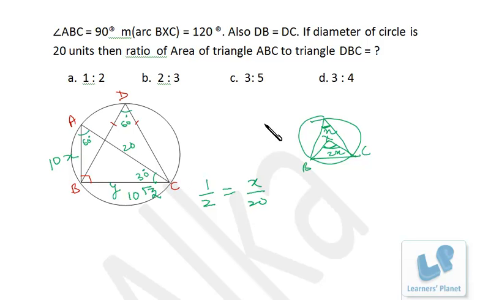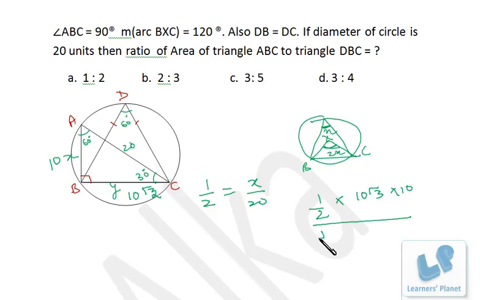Okay. So now we have to find the area of triangle ABC to the area of triangle DBC. ABC area will be half base into altitude, right? And the area of triangle DBC is what?